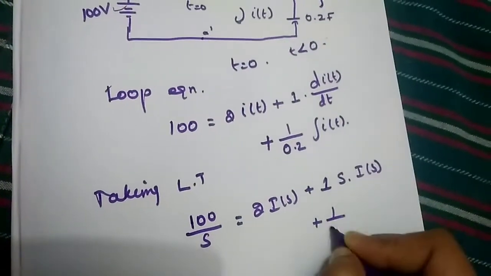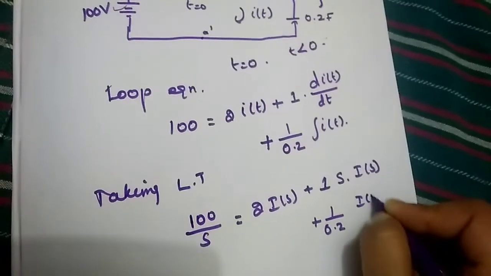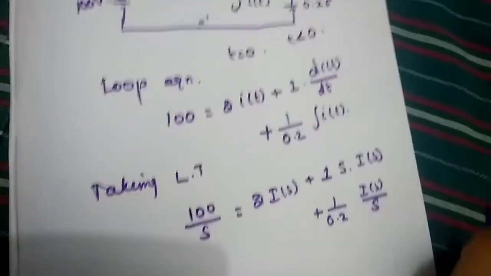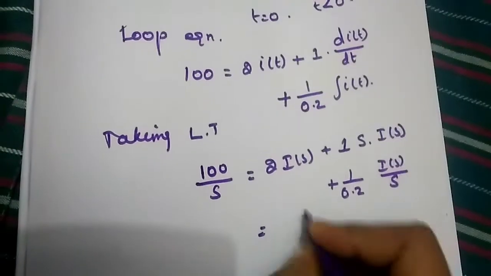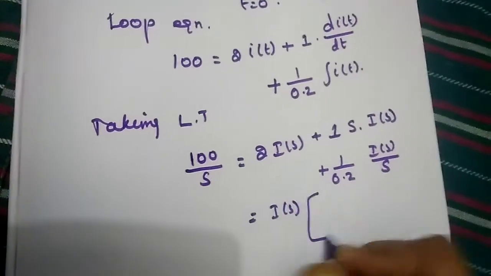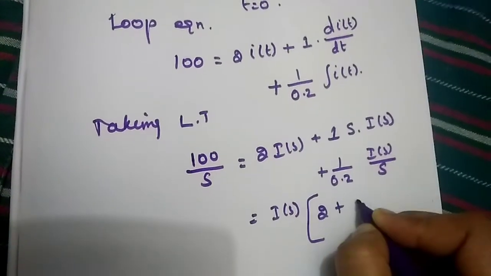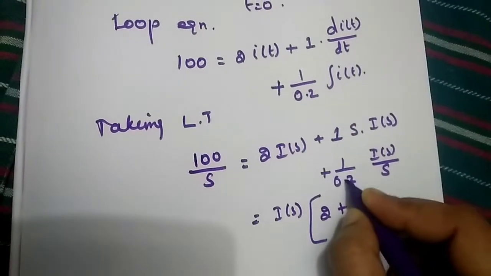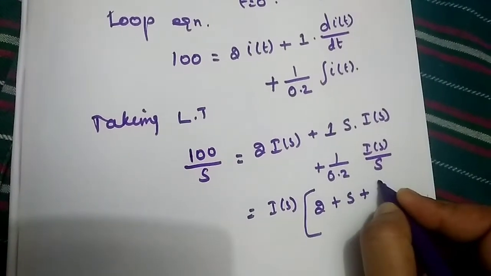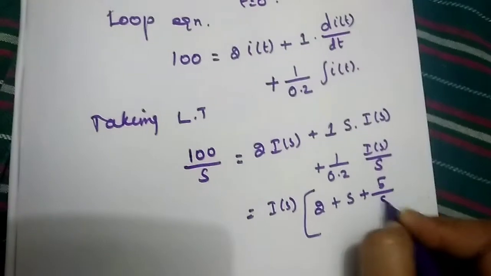Similarly, the integration becomes I(s) divided by s. So taking I(s) outside, we will get 2 plus s plus, and this 1 by 0.2 becomes 5 divided by s.